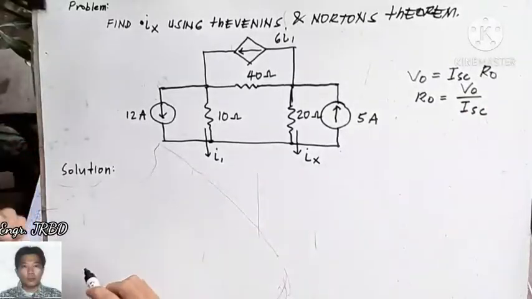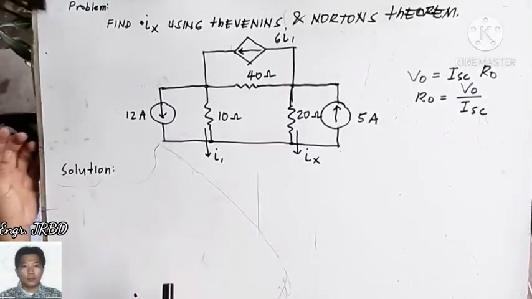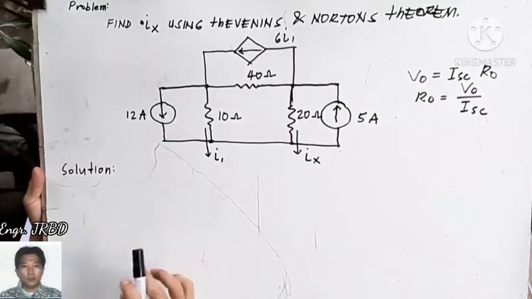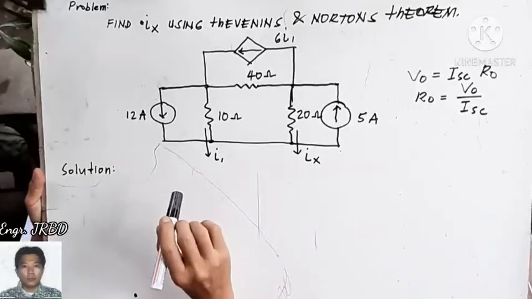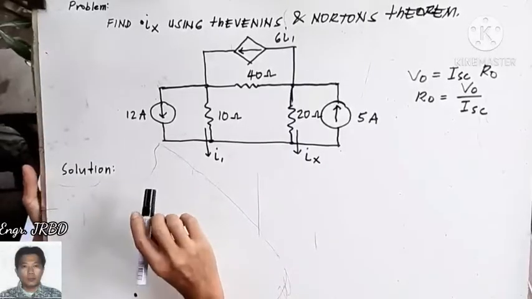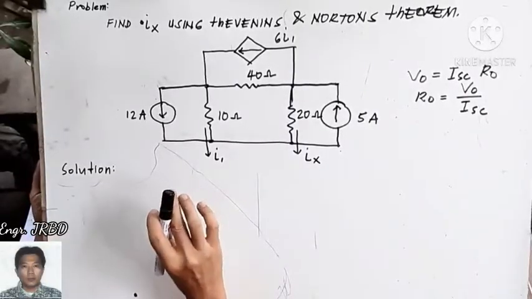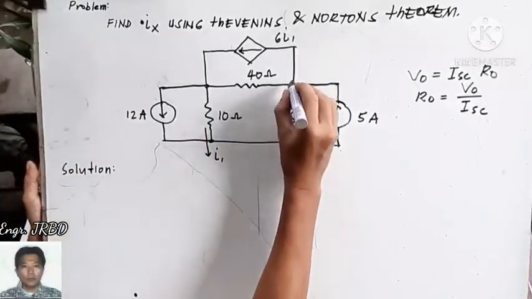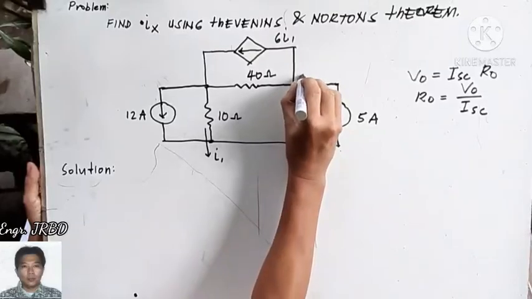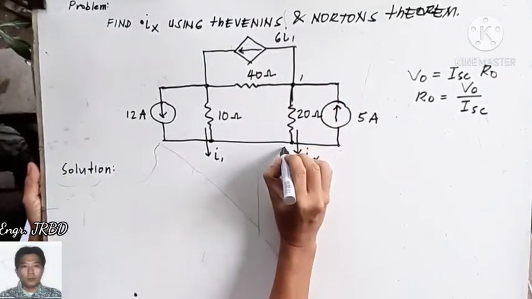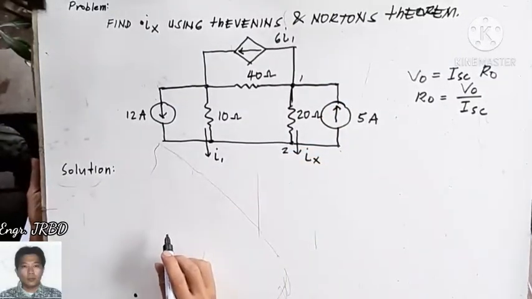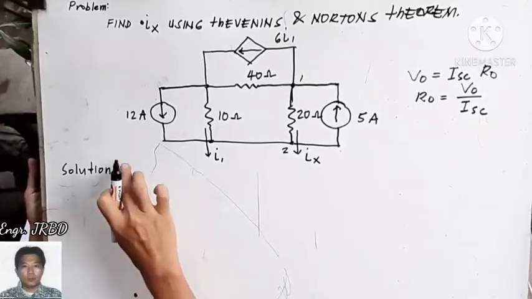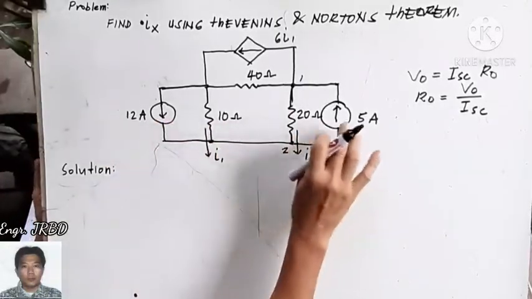We can no longer use the analysis that we previously used, which replaces current sources by an open circuit and voltage sources by a short circuit. If you apply that analysis, it will look like this. If you try to obtain the looking back resistance across terminal 1 and terminal 2, and replace everything by their equivalent internal resistance, how about this one?